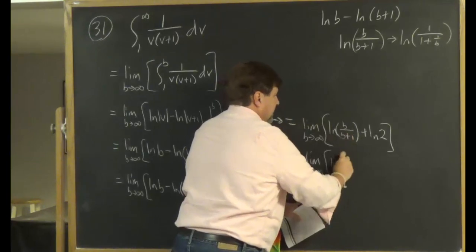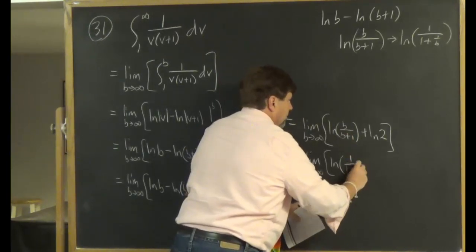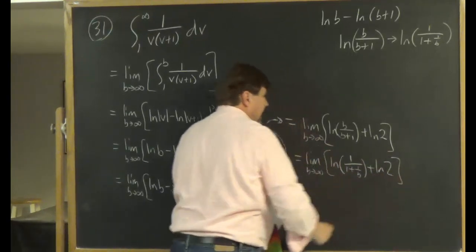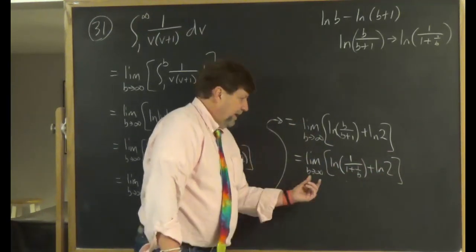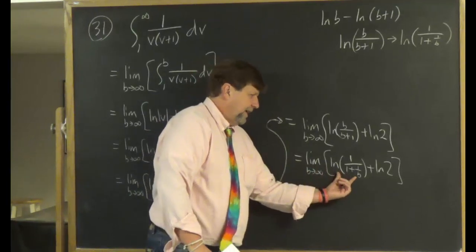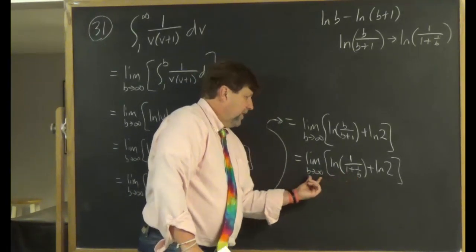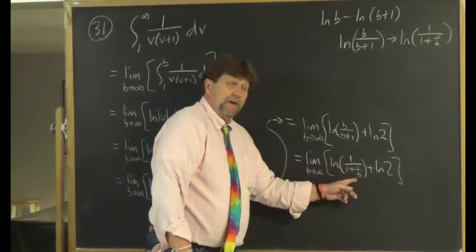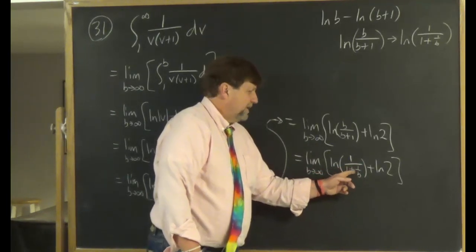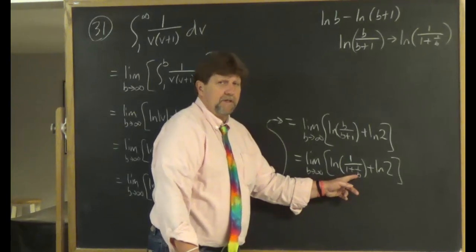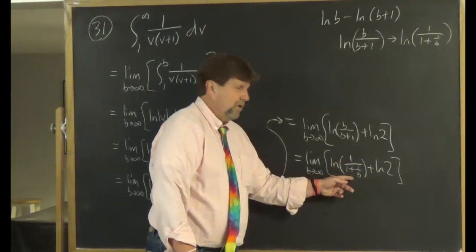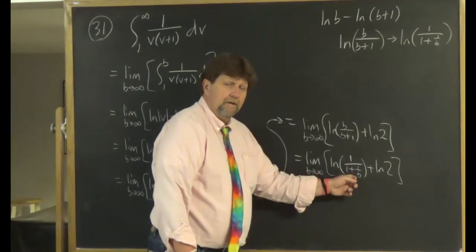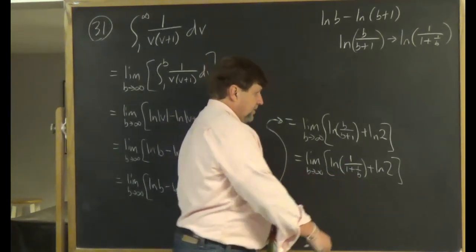I rewrite this as 1 over 1 plus 1 over b, because now I can do it. When I look at the limit as b goes to infinity of this first term, as b goes to infinity, 1 over b goes to 0. 1 plus 0 is 1. 1 divided by 1 is 1. The natural log of 1 is 0.